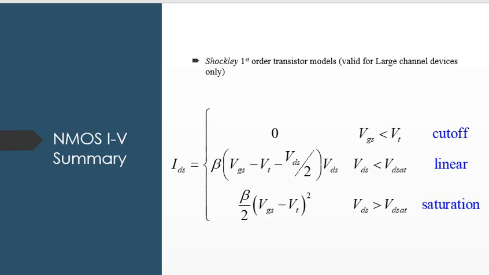So this is the basic summary of our Shockley first order transistor model that is valid for long channel devices. In the cutoff, obviously IDS is 0. In the linear region, IDS becomes like this, and in the saturation region, IDS takes this form.